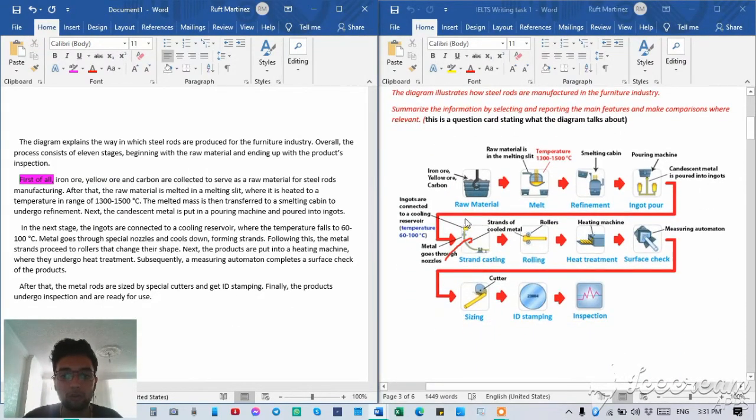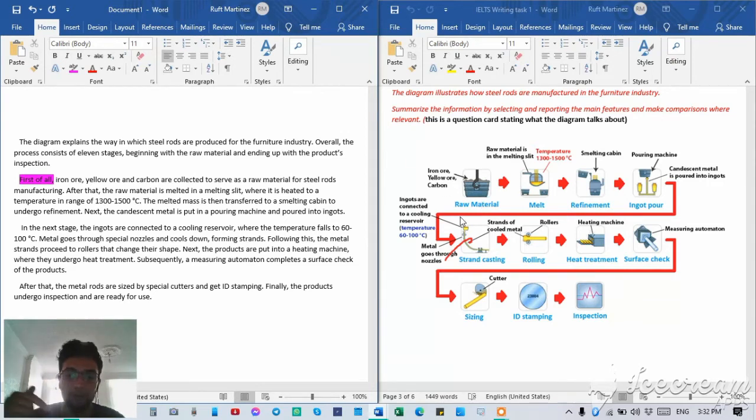First of all, iron ore, yellow ore, and carbon are collected to serve as a raw material for steel rods manufacturing. You can say they are collected, or carried, as a raw material. I mentioned the stage name, and you have to mention the additional information.